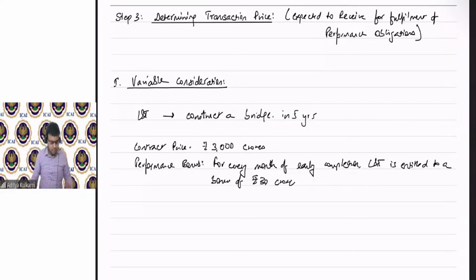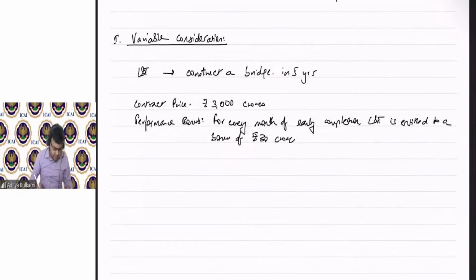Let us assume that at the end of year 1, 10% is complete. At the end of year 2, 50% would be complete. At the end of year 3, 70% would be complete, and you are completing the project in year 4.